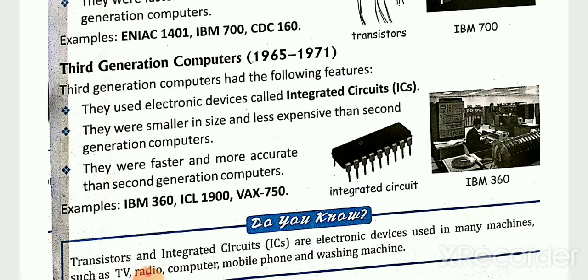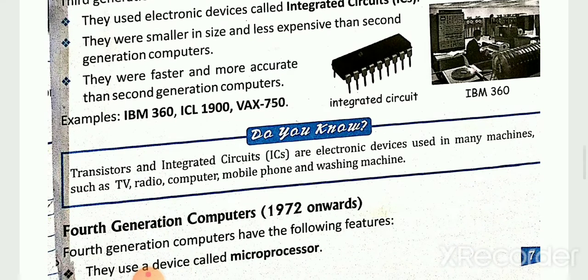The third generation speed is very fast and work is very accurate. The examples of third generation: IBM 316, ICL 1900 and VAX 7750.